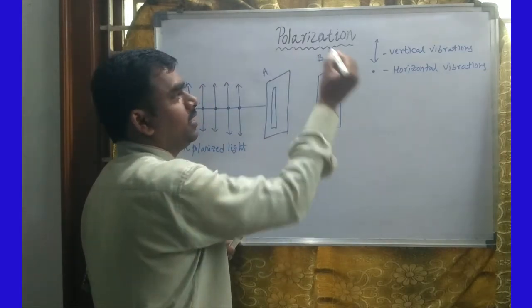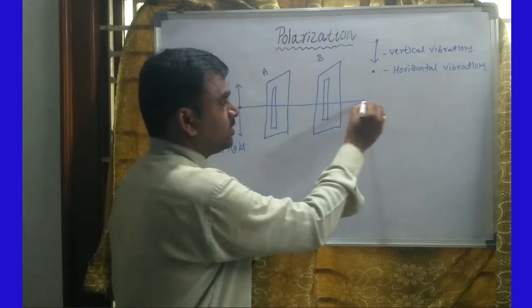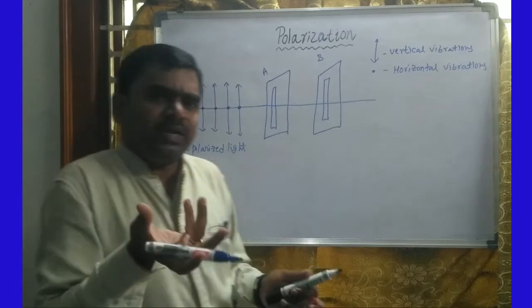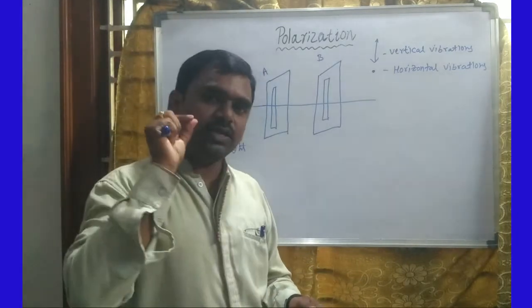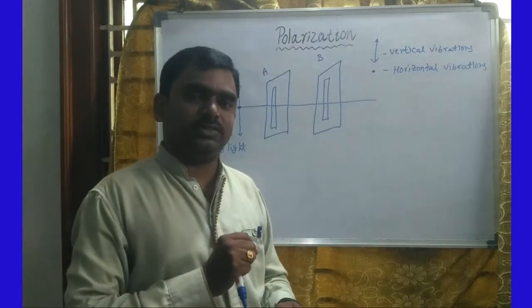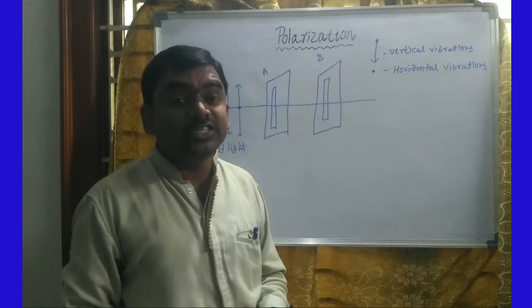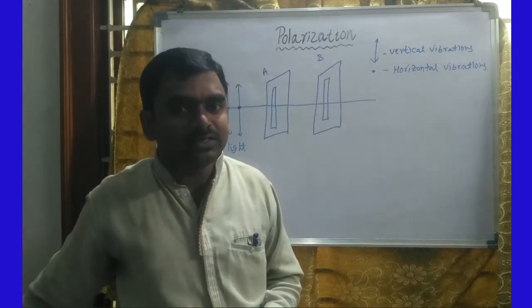This slit I am calling A and the other one B. Now the light is passing like this. Here the vibrations are in many directions, but we are considering only the vertical and horizontal vibrations. Then which type of vibrations can this slit allow, horizontal or vertical?